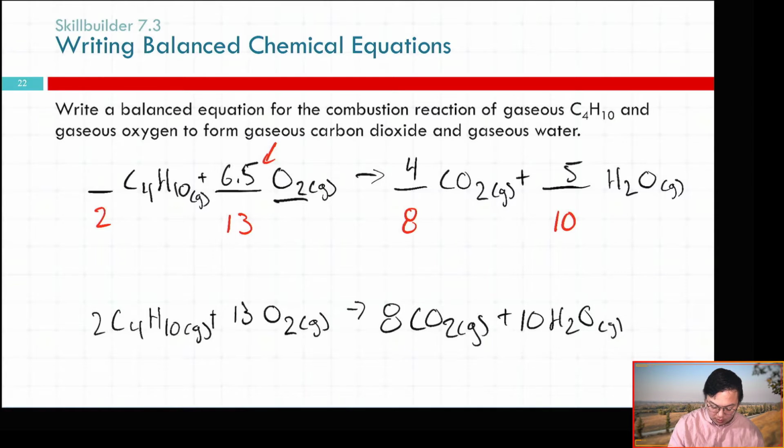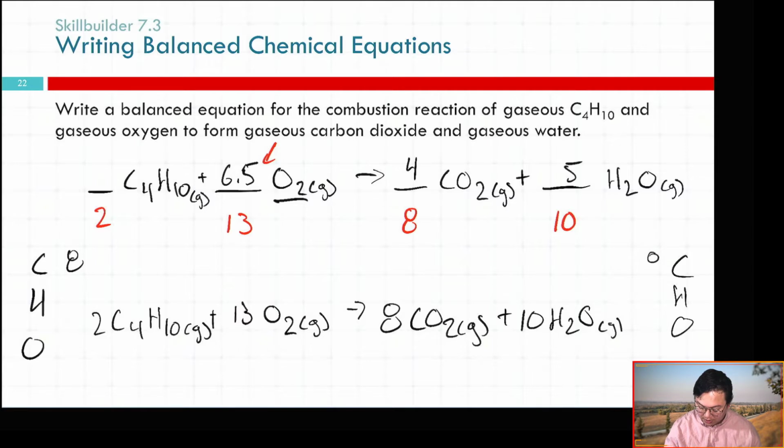So just to double check, let's balance them in this order: carbon, hydrogen, oxygen. We'll check the numbers. So we have 8 carbons. On the right, we have 8 carbons. We do our hydrogens. We have 20 hydrogens.